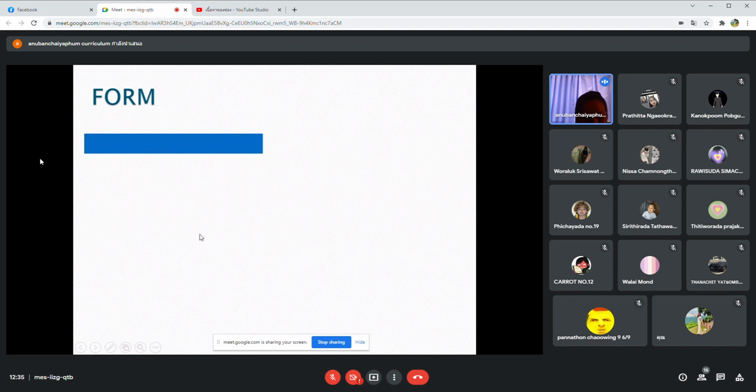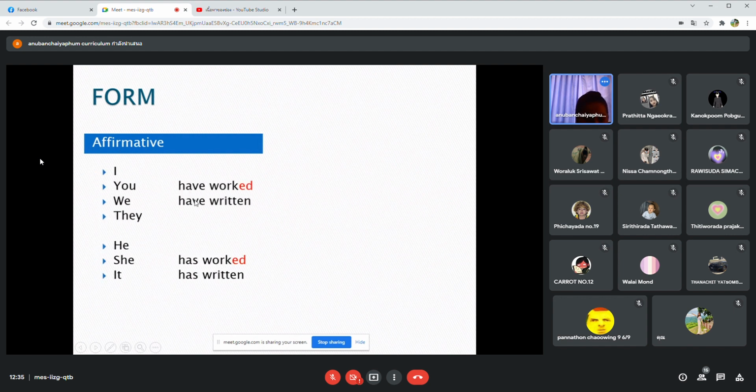So we learned yesterday that for affirmative, we use the subjects I, you, we, they. If these are your subject, your perfect tense should be have, so in plural form, have.